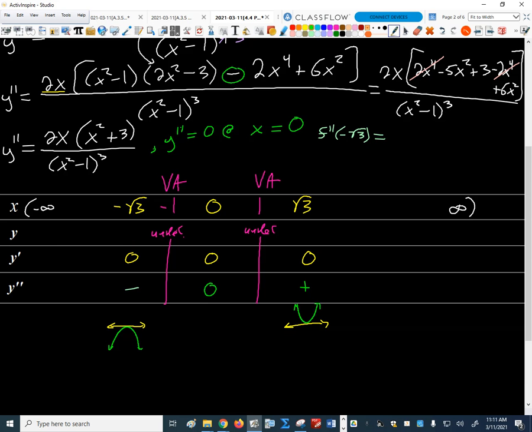And here's something else I want to reinforce. Because I've got these vertical asymptotes, the vertical asymptotes change everything, right? I mean, the function is completely disconnected surrounding these vertical asymptotes. The vertical asymptotes wall off the universe for this function so that they're completely separate little universes, right? Anything can be happening between those vertical asymptotes. It could be a minimum, it could be a maximum, it could be neither.